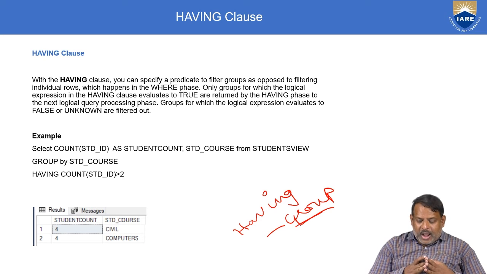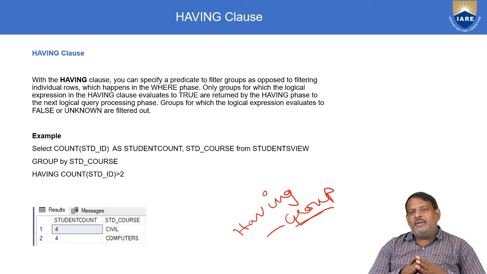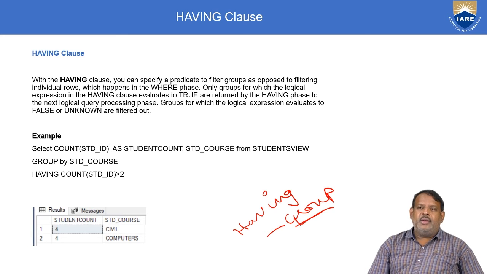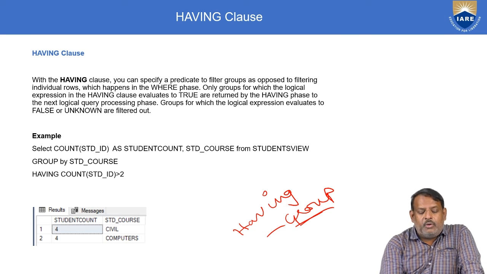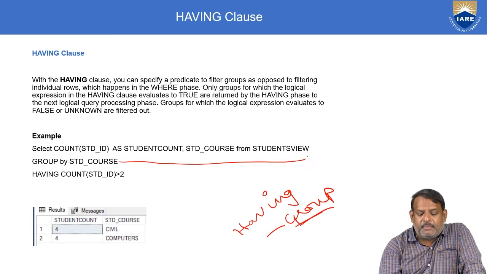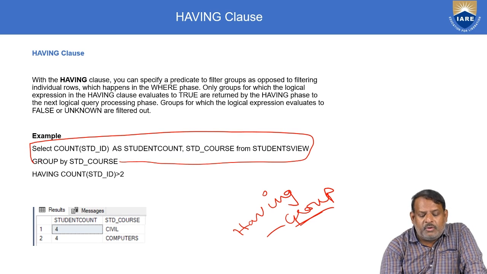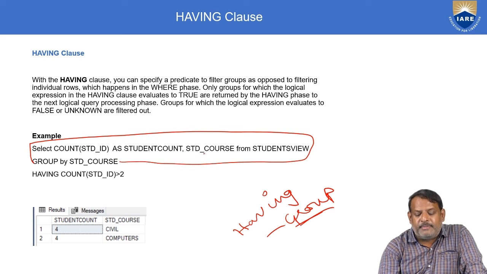So after the from statement, if you want to filter each and every individual row, you use the where clause. But if you want to filter based on the groups, now we know this group by statement will give you the count of students who are studying in each branch.